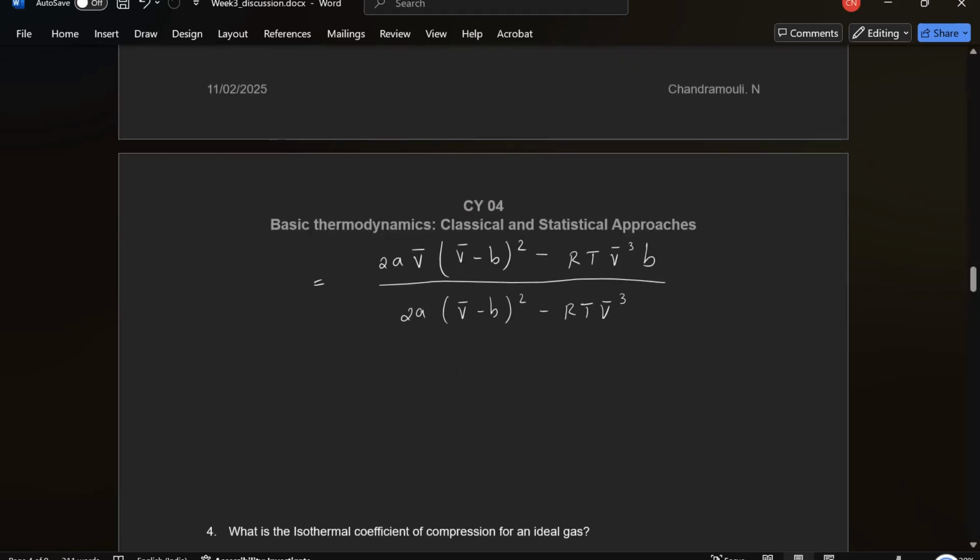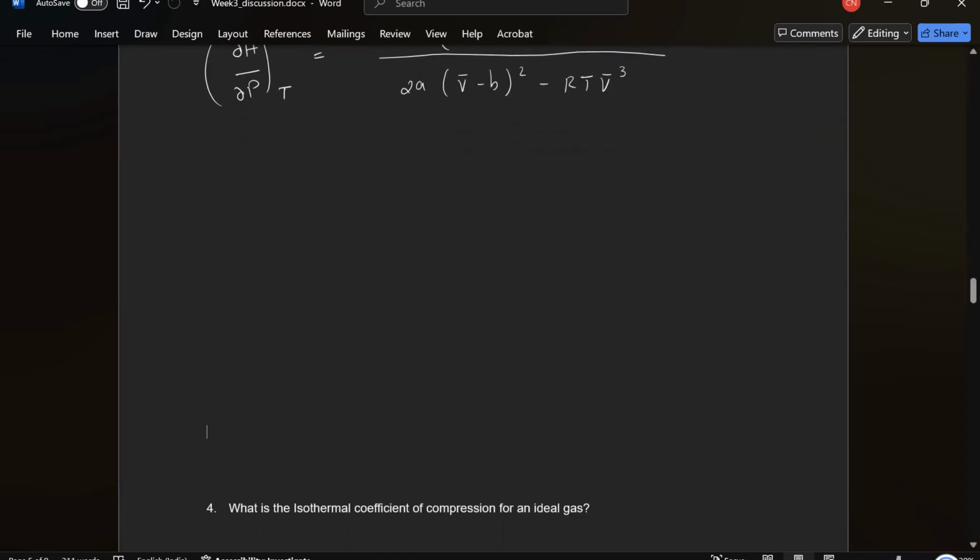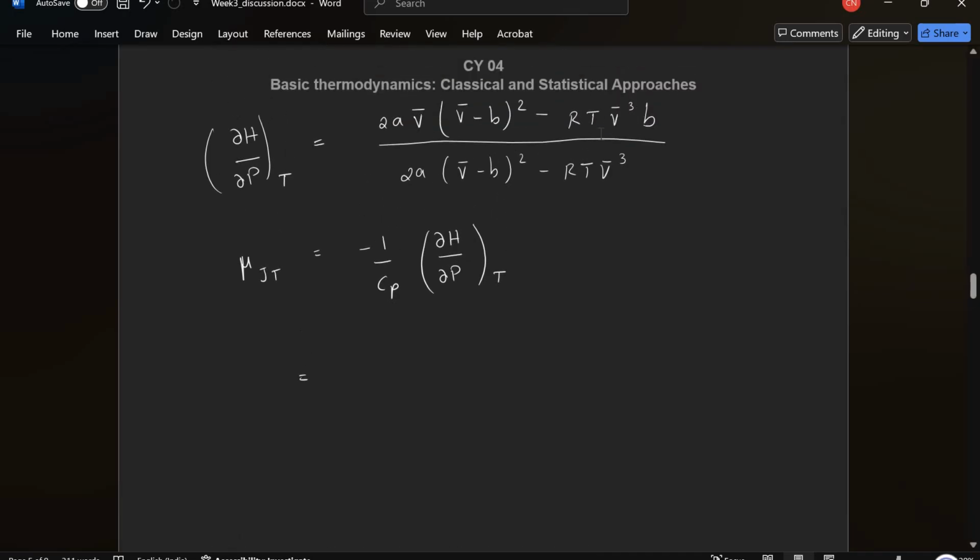So now this is del H by del P when the temperature is constant. Now what we need is the Joule-Thomson coefficient. Mu JT, as we know, is minus 1 by Cp into del H by del P at constant temperature. So if we do this, I'll take V bar common from the numerator.